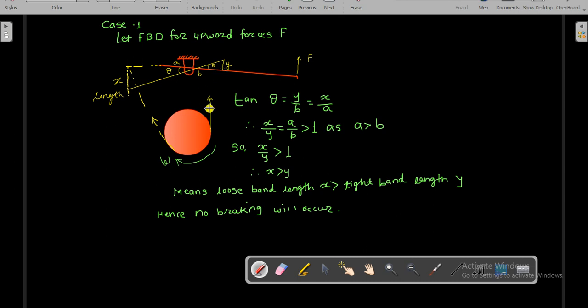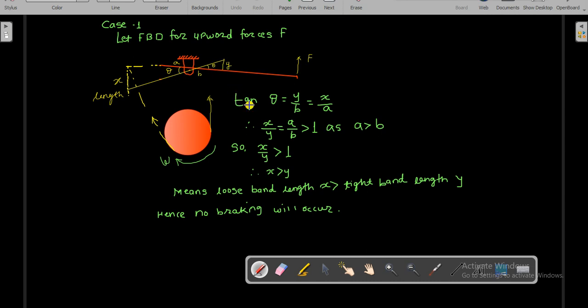There will be a little elongation in the band at this side, whereas at this side there will be a higher elongation. This angle theta will be the same because these are opposite angles.